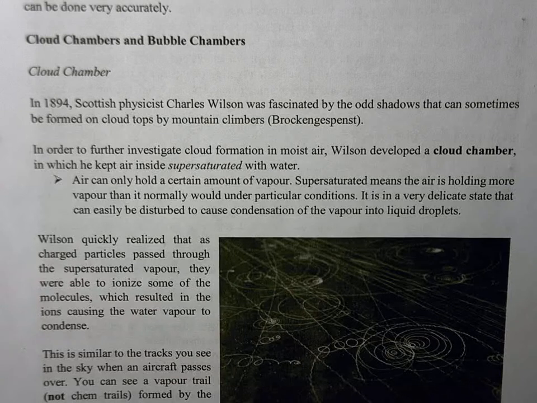Given that it's in a very delicate state, any disturbance would cause condensation quite easily, and that condensation is what we could observe, so we could actually see the particle moving along. Kind of similar if you see an aircraft flying up in the sky, you'll see that vapor trail behind them. So cloud chambers use sort of the same idea.